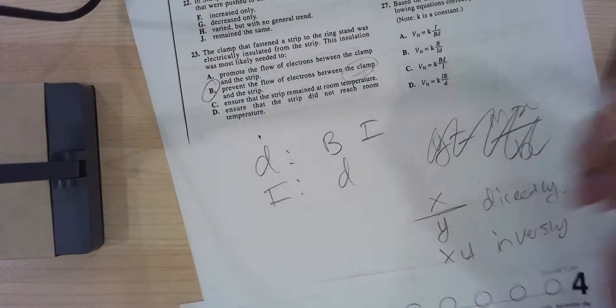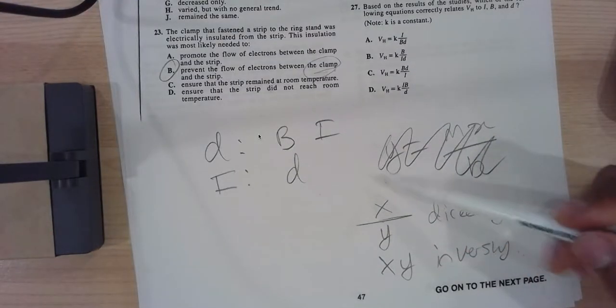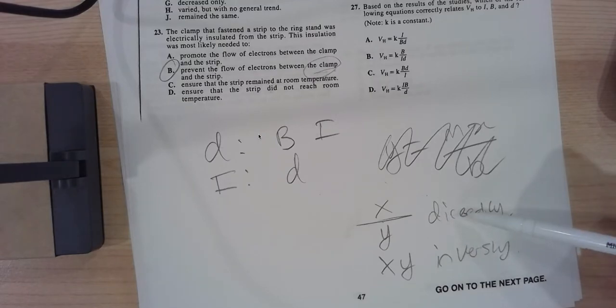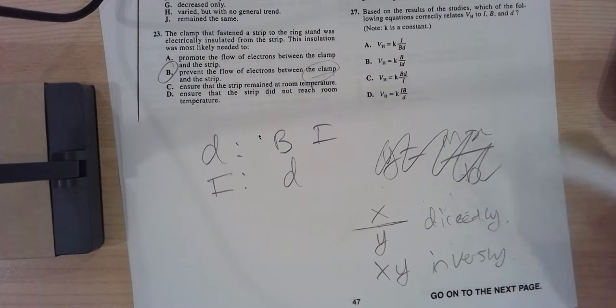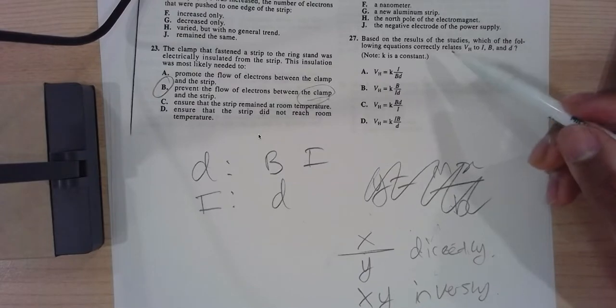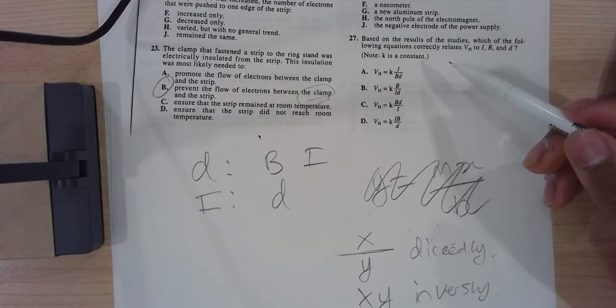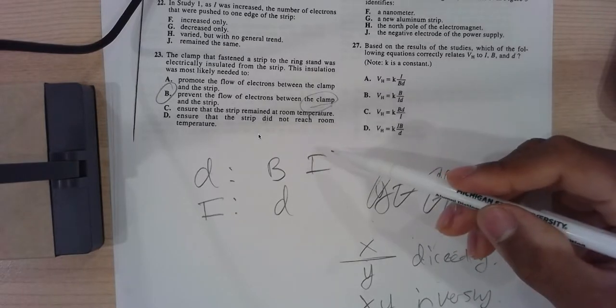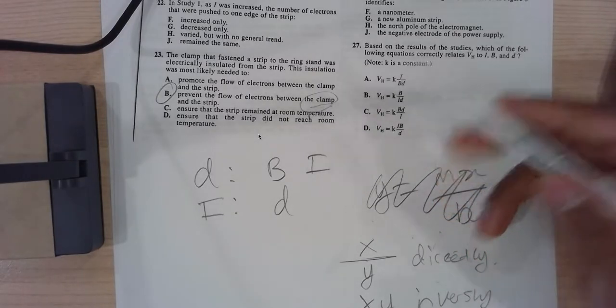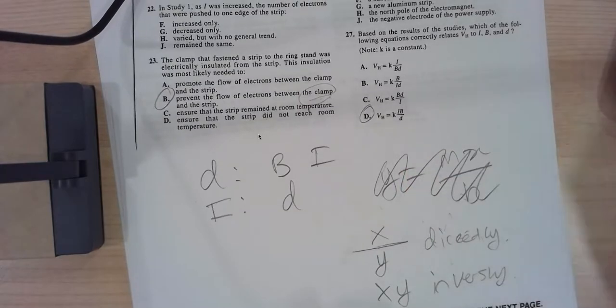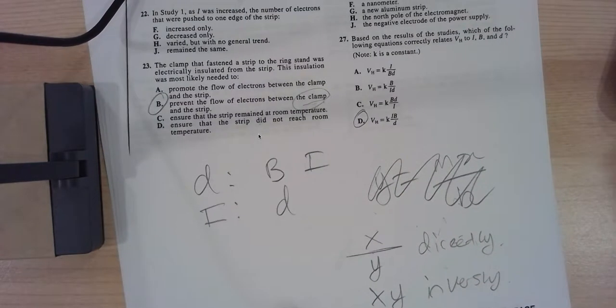My D. So if I want two direct things, they need to be on the bottom, right? They need to be dividing by each other. So which one of these divides the V? The easiest way to do this, the answer is D. I'm just going to show you how you rearrange this equation.